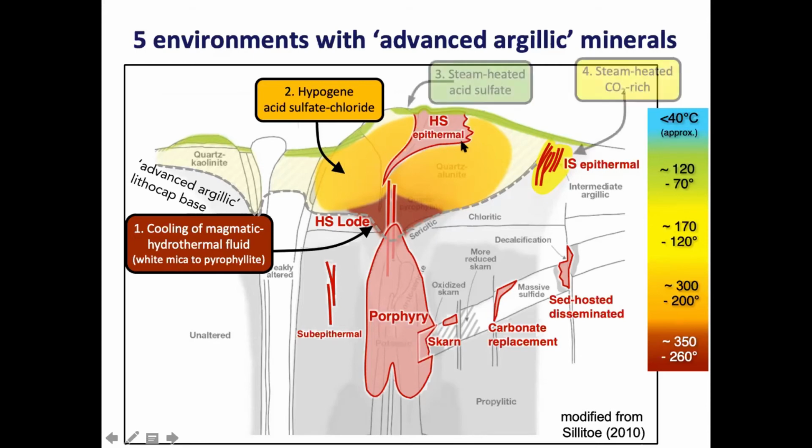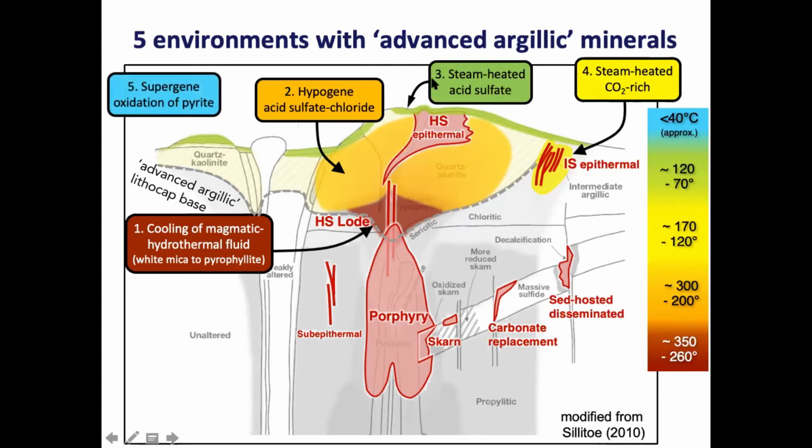The steam-heated styles of alteration are steam-heated acid sulfate over the paleo groundwater table where we have oxygen, whereas below the groundwater table they are carbonic acid rich, and finally, post-mineral supergene oxidation.